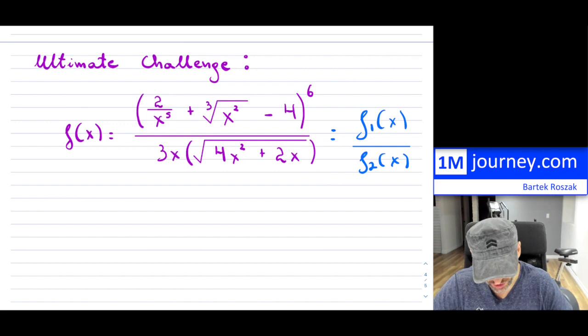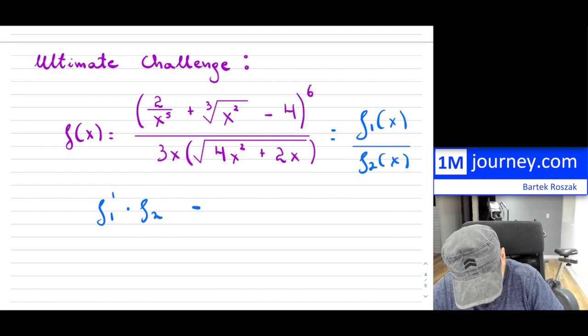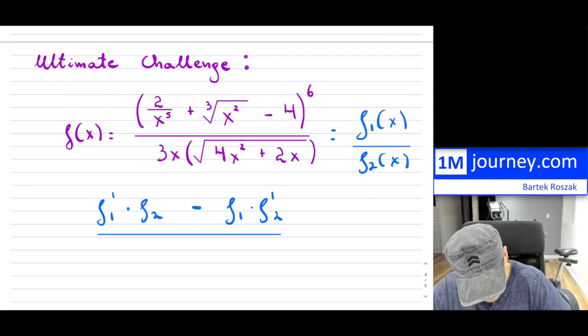Now by the quotient rule, this means that I have to take the derivative of the first, multiply it by the second, subtract, leave the first function, multiply it by the derivative of the second, and then divide by the second function, except it's squared.